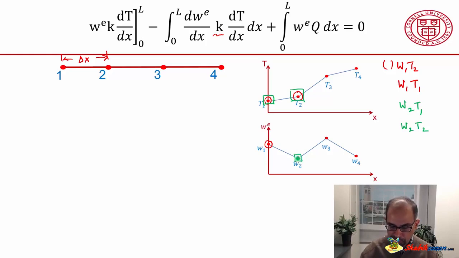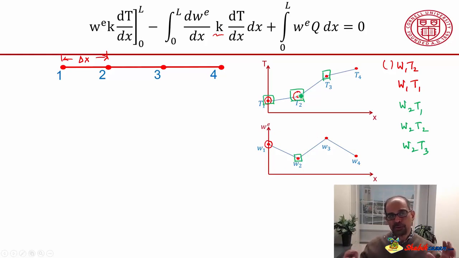And then when you do the integration over the second element, you will get W2 multiplying T2, so that you can clump in over here. And then you'll get W2 multiplying T3. Okay? But you won't get any terms where W2 is multiplying T4. So you see these terms, W's will multiply only the neighboring nodal temperatures.